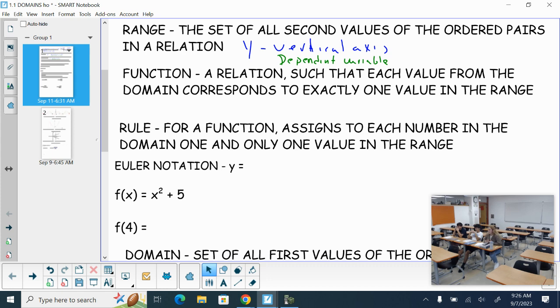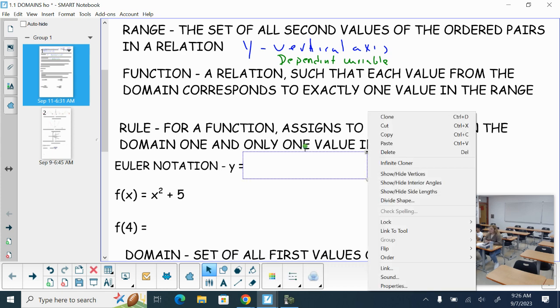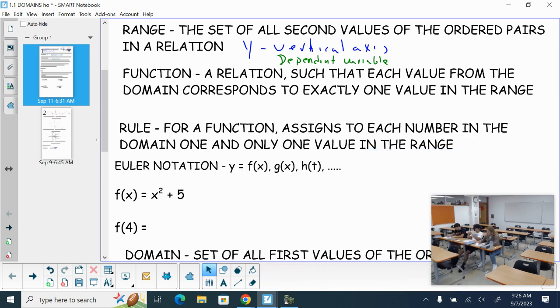Okay, when we talk about Euler notation, y is equal to f of x, g of x, h of t. It is a function notation. We replace the y with function notation or Euler notation. Once again, this value right here, this is the independent variable within the parentheses.